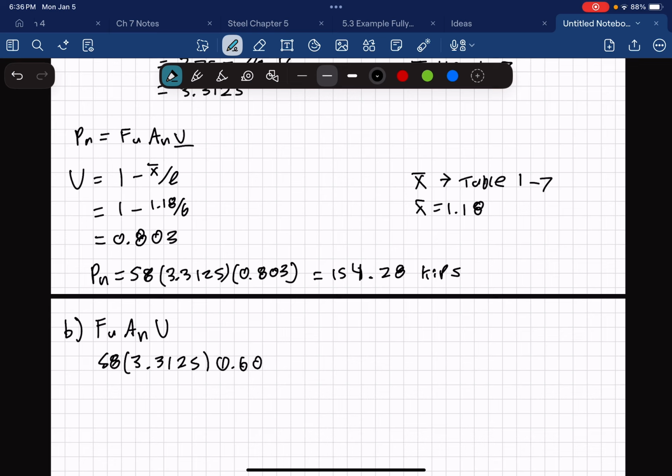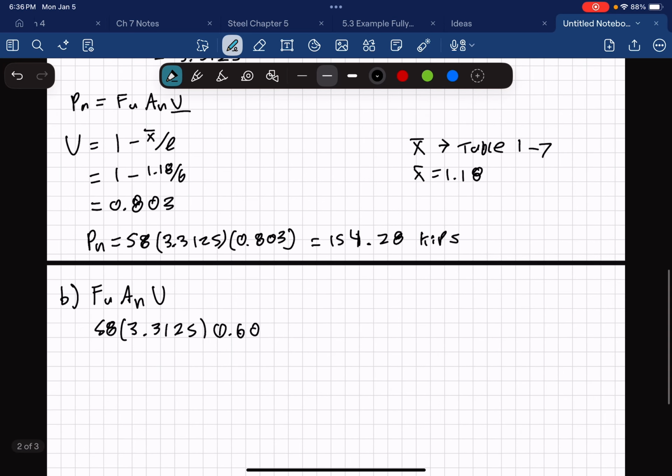So, with that being said, by code, both of these are acceptable answers, but we obviously know that case 8 is going to produce a more conservative answer. That is saying 115.275. So which one of these is correct?